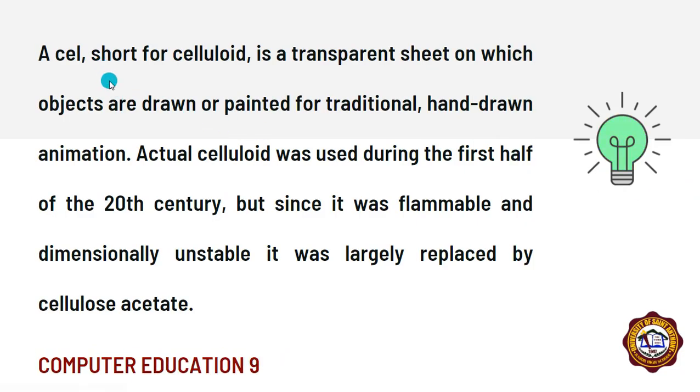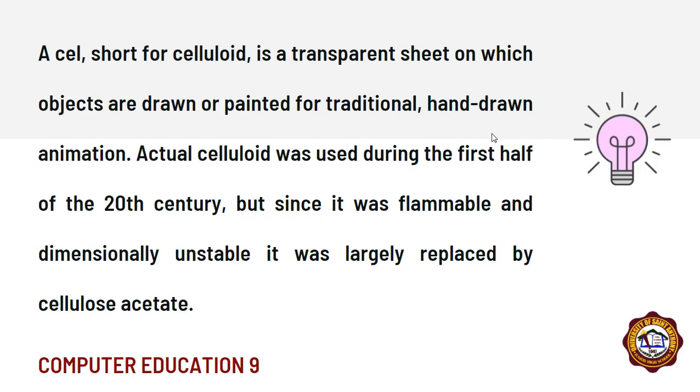So, ganito yung description ng cell. Okay, let us understand ano ba yung cell na tinutukoy ko. A cell, short for celluloid, is a transparent sheet on which objects are drawn or painted for traditional hand-drawn animation. Pag sinabi nating traditional hand-drawn animation, ito yung sulat, dinodrawing mo gamit yung kamay mo, yung lapis, saka yung papel, no?